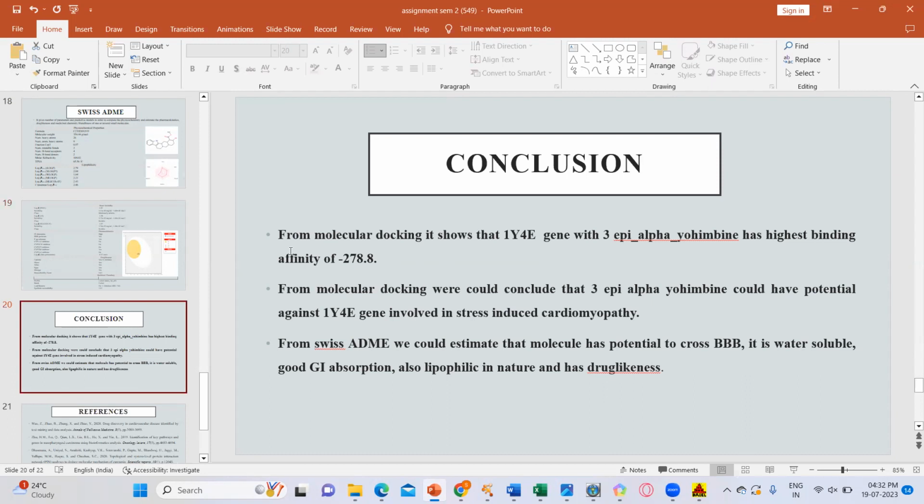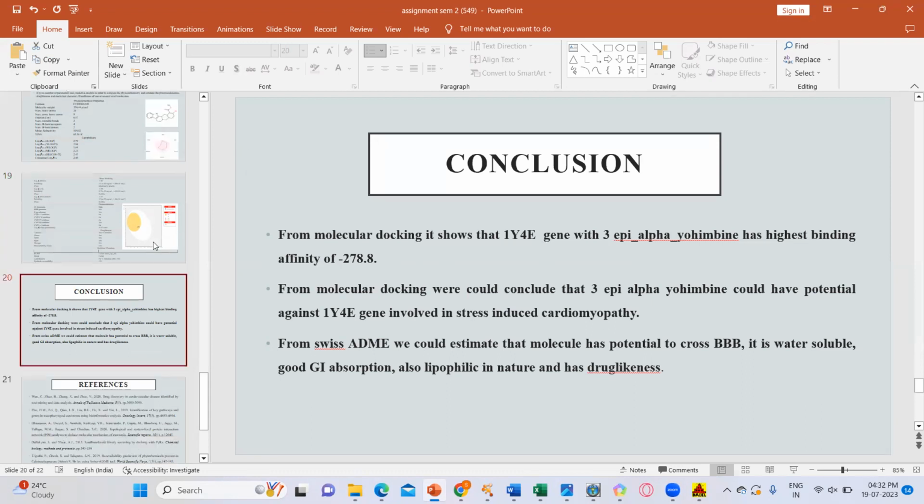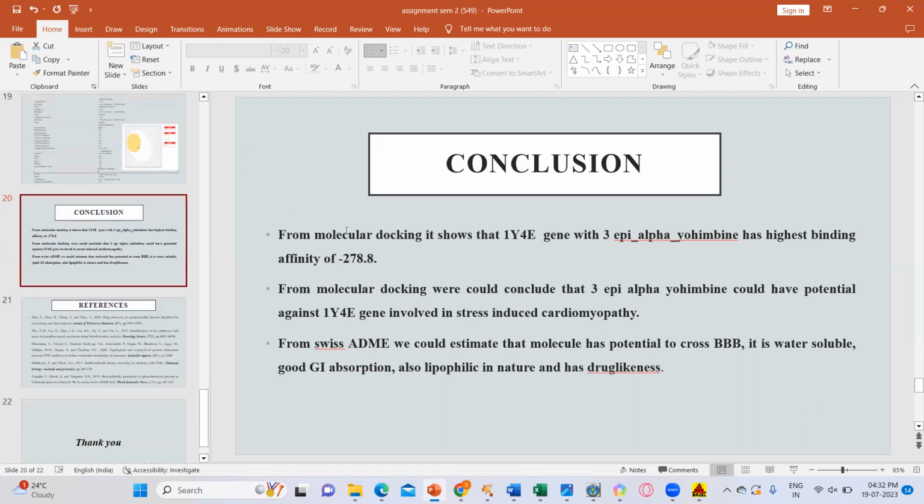From SwissADME, we could estimate that the molecule has potential to cross the BBB. It is water soluble, it has good GI absorption, is lipophilic in nature, and has drug likeliness. So this is all about the network pharmacology done on stress-induced cardiomyopathy.